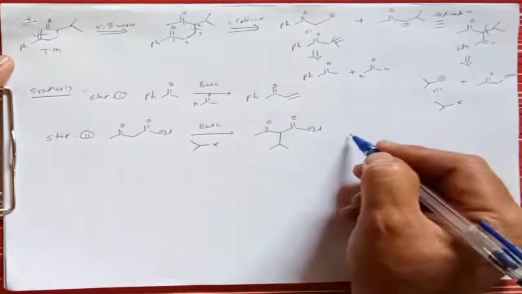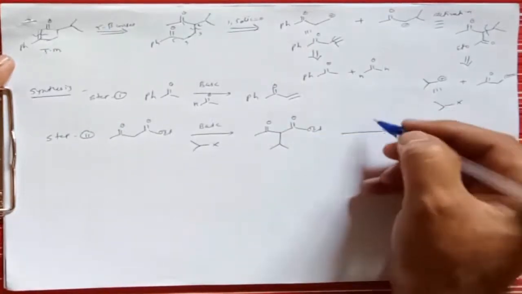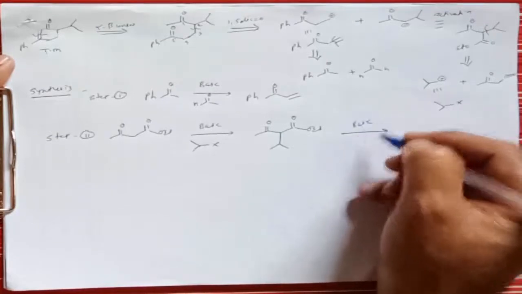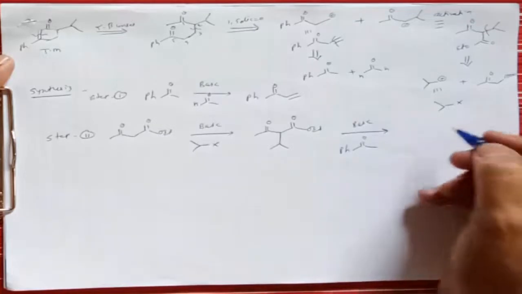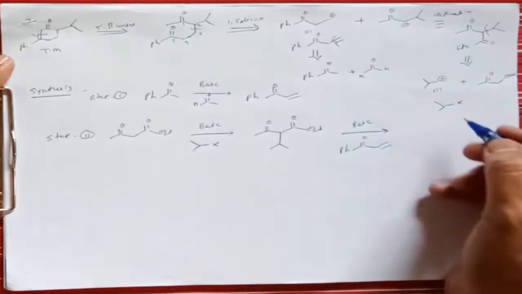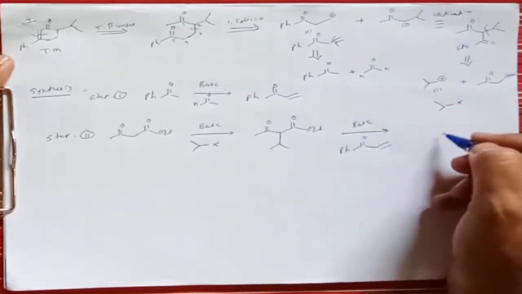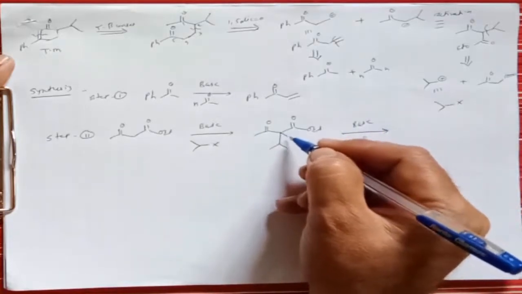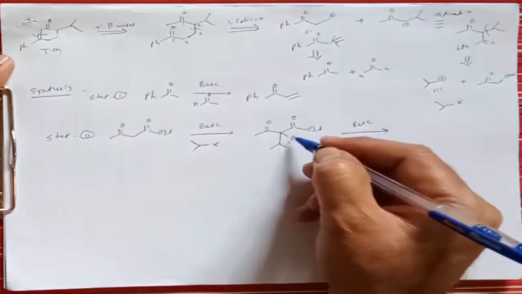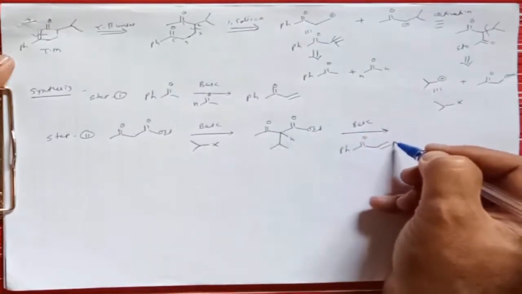Now we treat this compound with base, along with such an alpha-beta unsaturated system, and then what does it give? The base abstracts a proton at this position, giving a negative charge here, and this negative charge attacks at the 4 position.